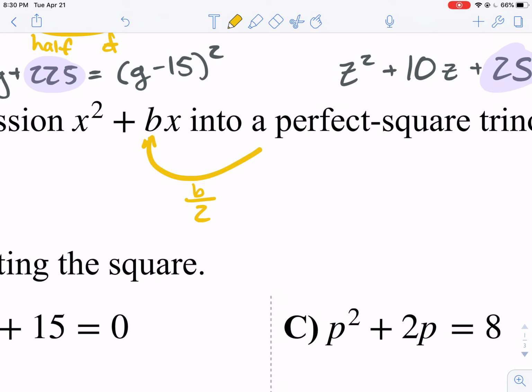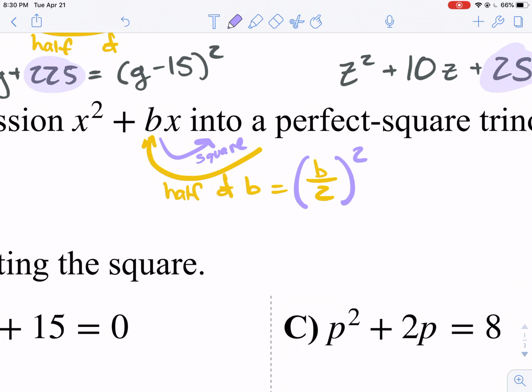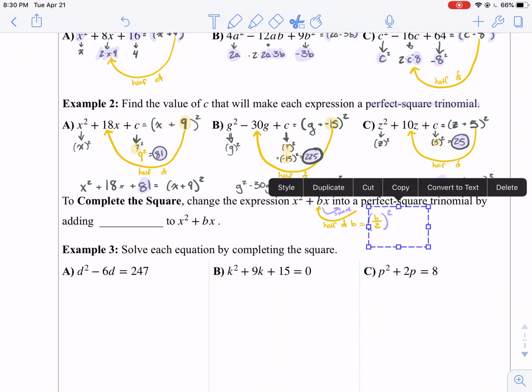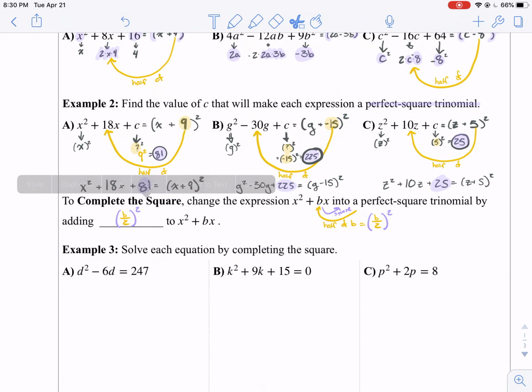I'm going to write that. So half of b is b over 2. And then we took what that was and we put it here by squaring it. So we take b over 2 and square it. And that's going to be our shortcut right there. Not even our shortcut, our rule, but there you go.